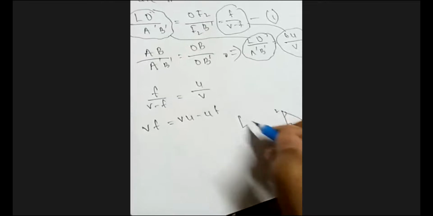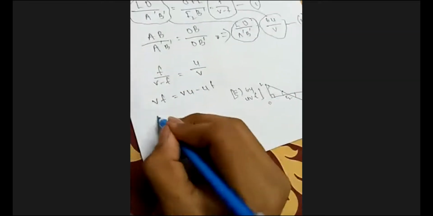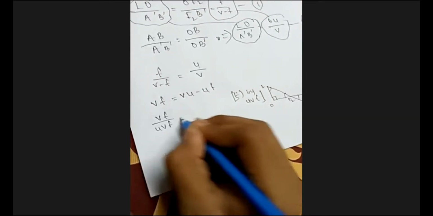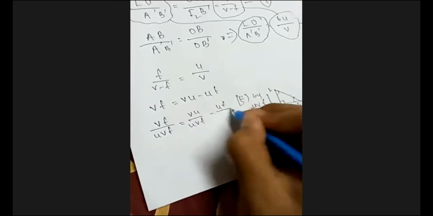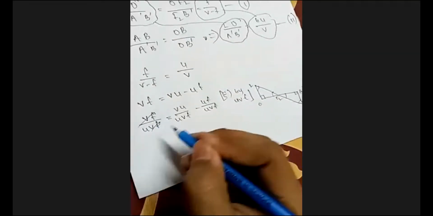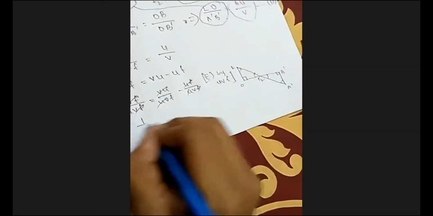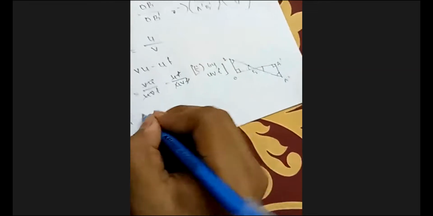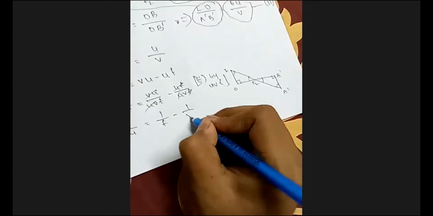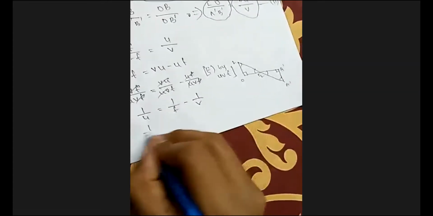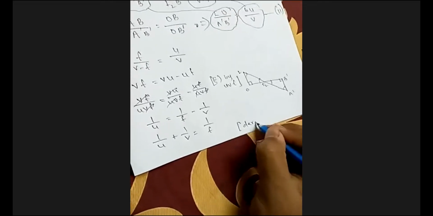Dividing both sides by UVF, we get VF by UVF equals VU by UVF minus UF by UVF. VF cancels, VU cancels, UF cancels. What remains is 1 by U equals 1 by F minus 1 by V. Taking the minus 1 by V to the other side, it becomes 1 by U plus 1 by V equals 1 by F. Hence I derived this.